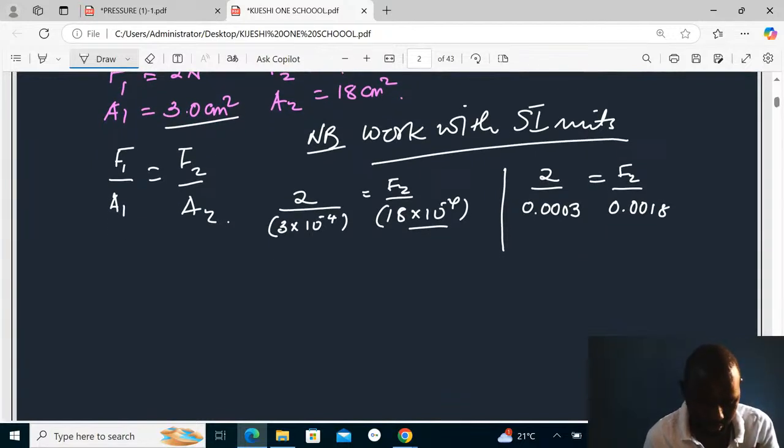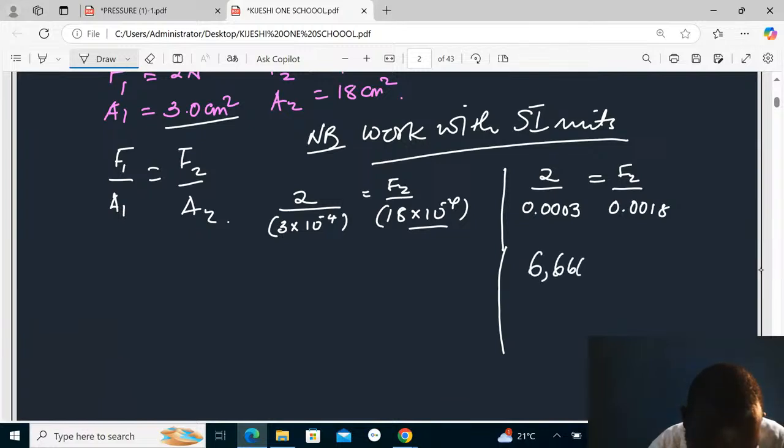So 2 divided by 0.0003 is equal to F2 over 0.0018.